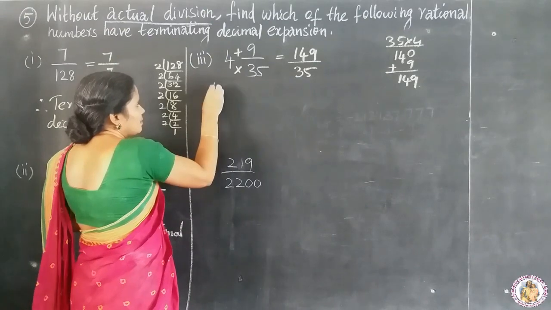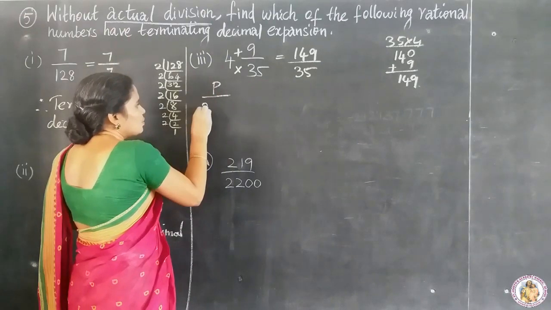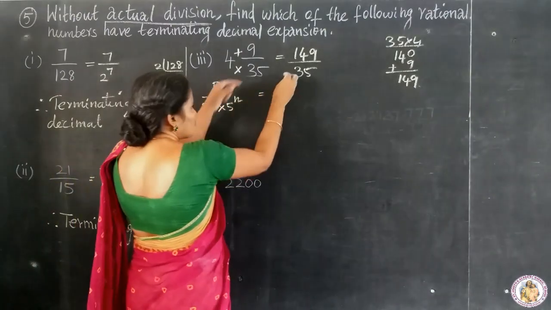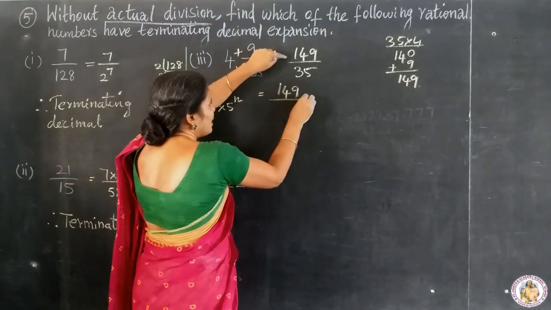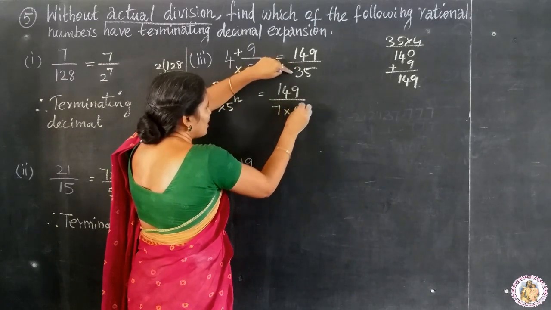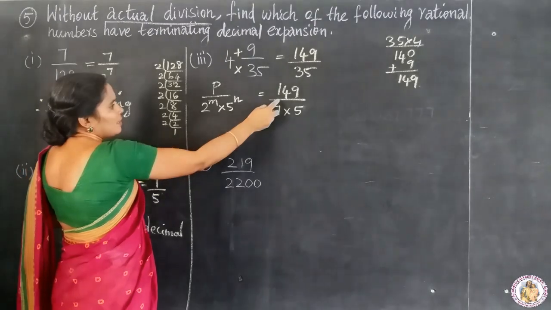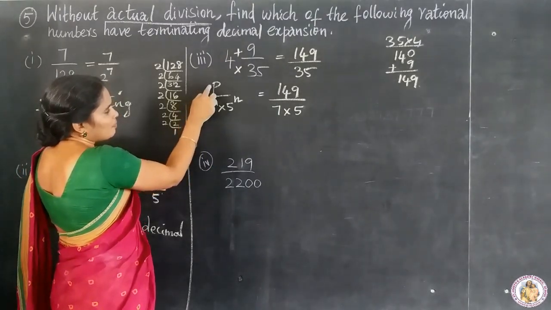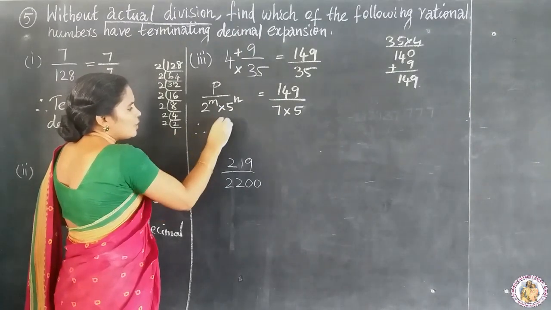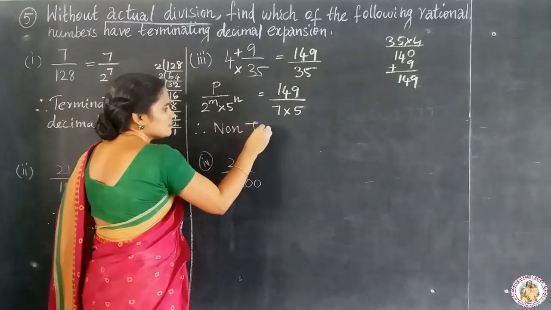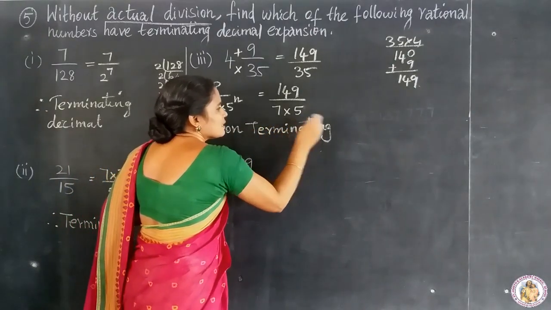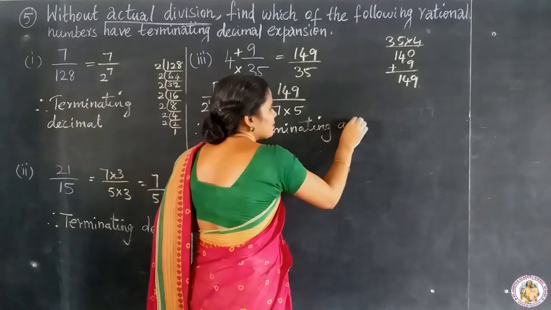So write in the form of p by 2 to the power of m into 5 to the power of n. 35 is 7 into 5. Actually, you can see that it is not in the form of p by 2 to the power of m into 5 to the power of n. So therefore it is non-terminating and recurring decimal.